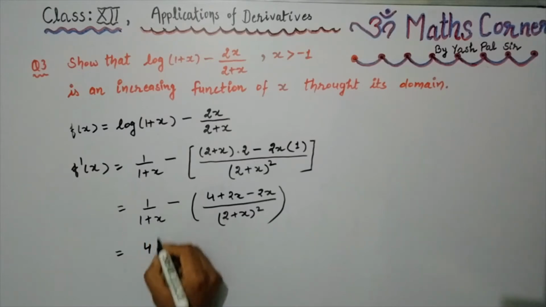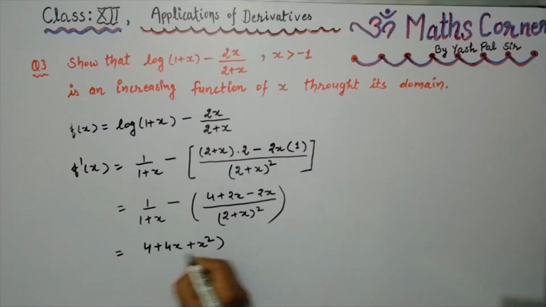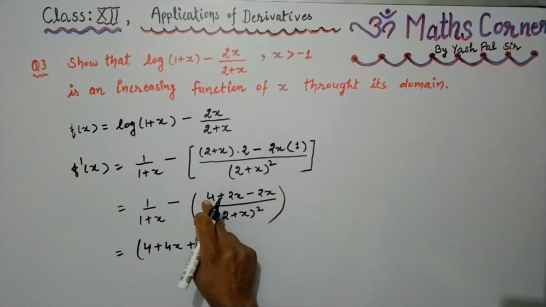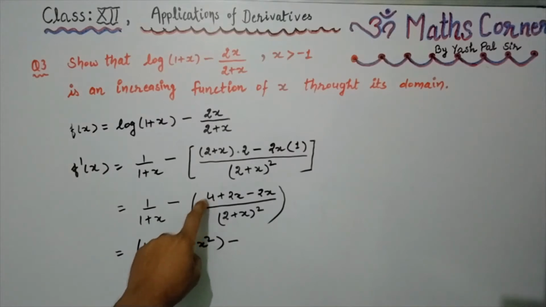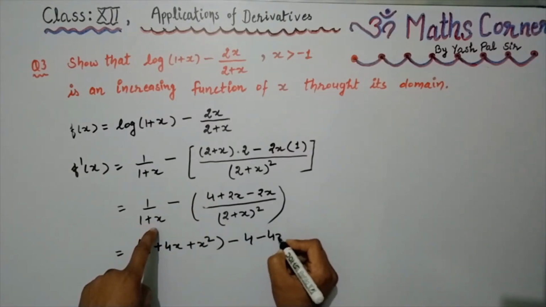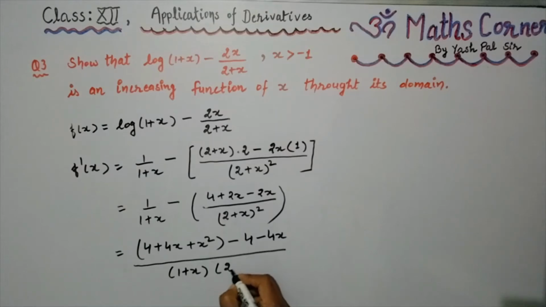It will come here, 2 2s are 4 plus 4x plus x square, minus 2x cancelled, only minus 4 is there, minus 4 into this, minus 4 minus 4x whole divided by 1 plus x into 2 plus x whole square.